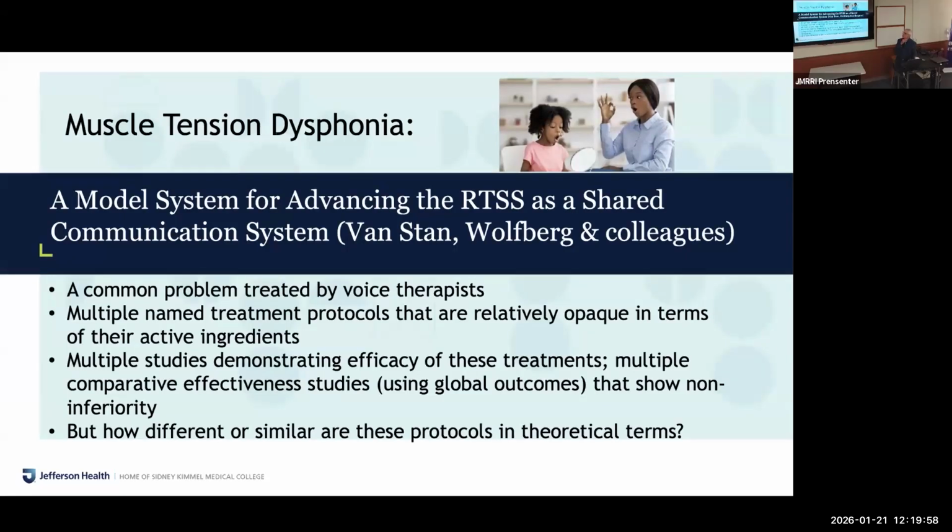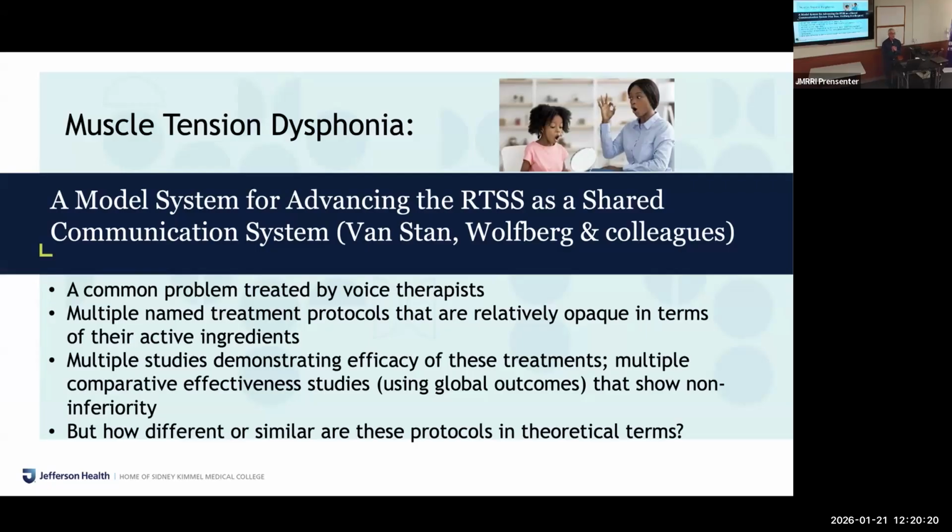So I think in a previous talk, I told you a little bit about this one area of work, which I think shows the promise of the method. Probably you are not fascinated with voice disorders. I'm not fascinated with voice disorders, but it is the model system for developing this work, and it's been incredibly productive.